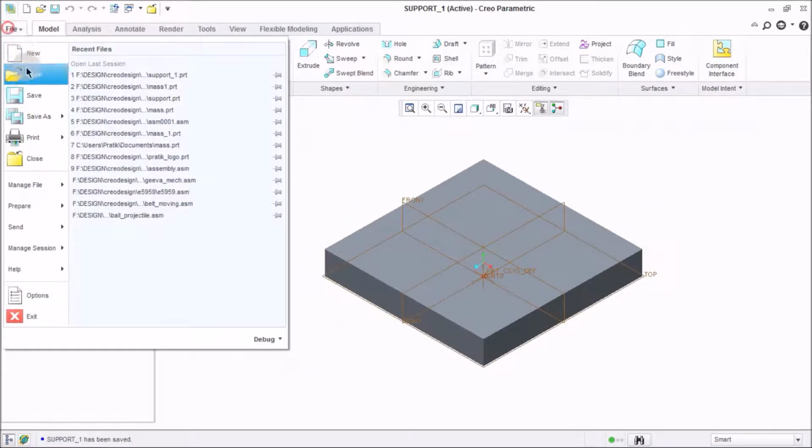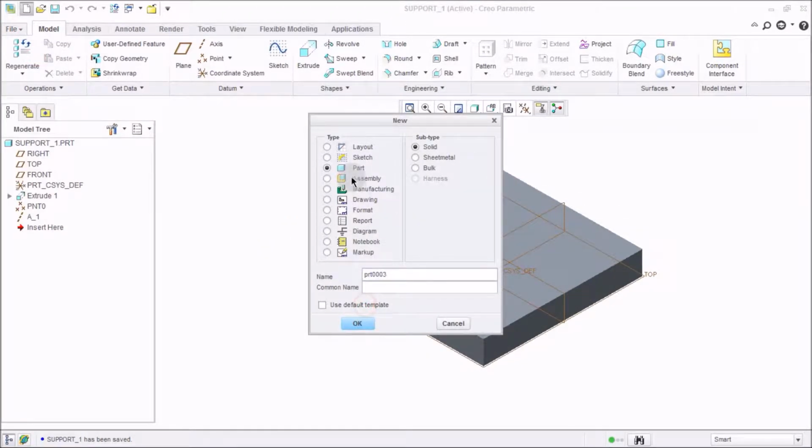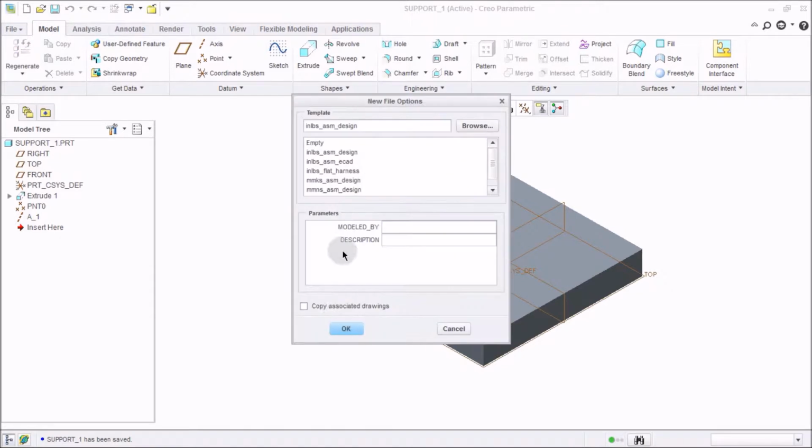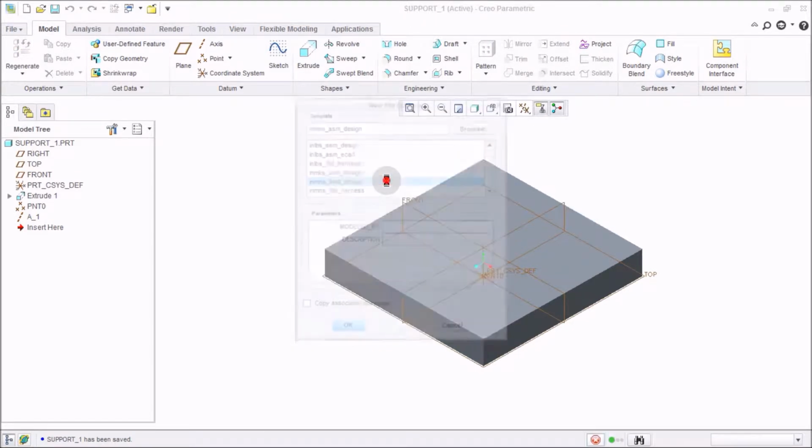Then make an assembly of these two parts. Select the assembly menu and name it simple spring mass damper system, simple spring mass assembly. Okay, choose your units, let's say mm.